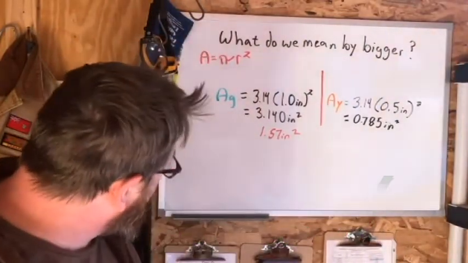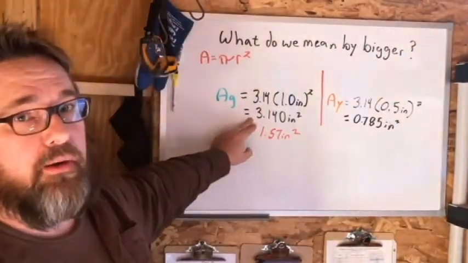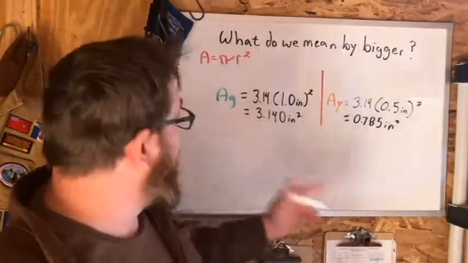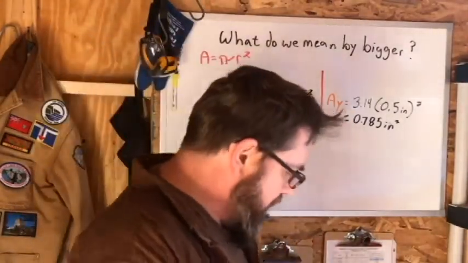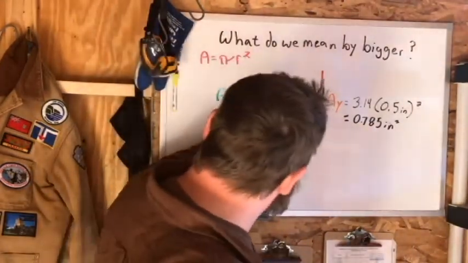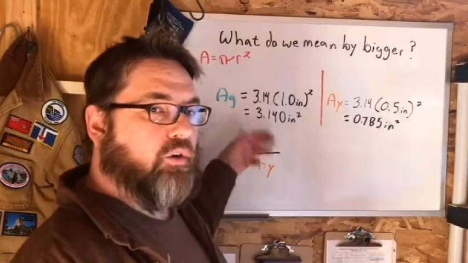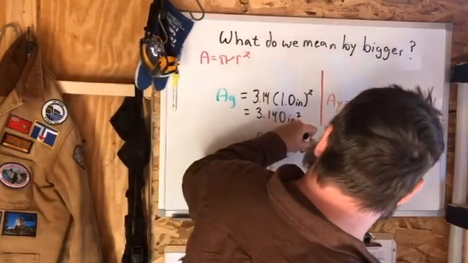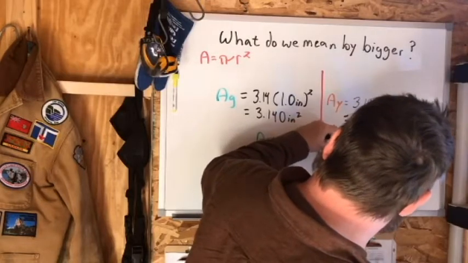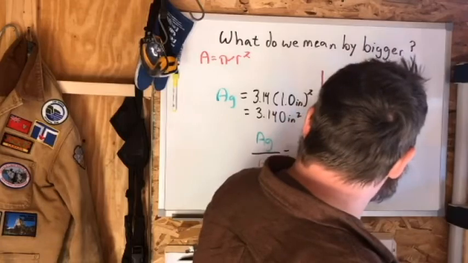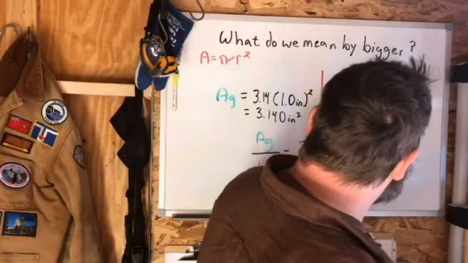But anyway, this is clearly a larger number. Well, how much larger? All we have to do to figure that out is get a factor like we did with the 100 divided by 50. We just take our green Sasquatches divided by our yellow Sasquatches. So we have 3.14 inches squared divided by 0.785 inches squared.